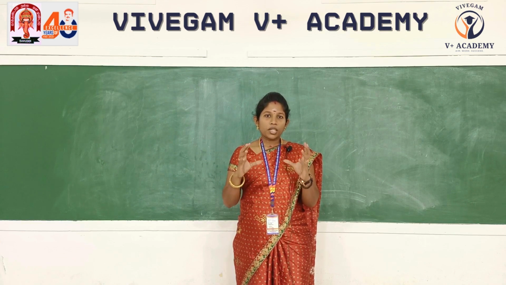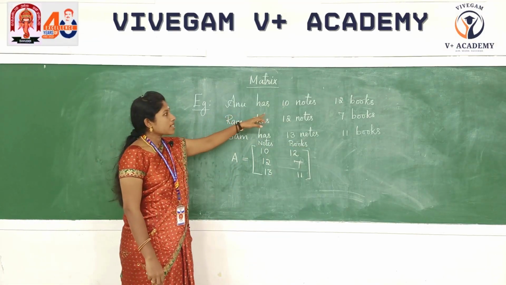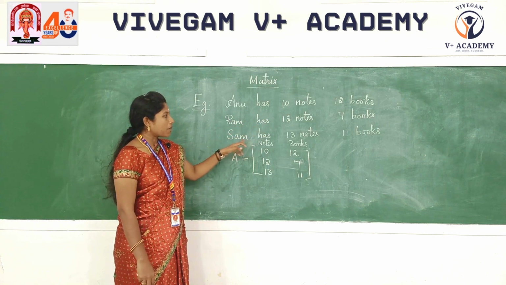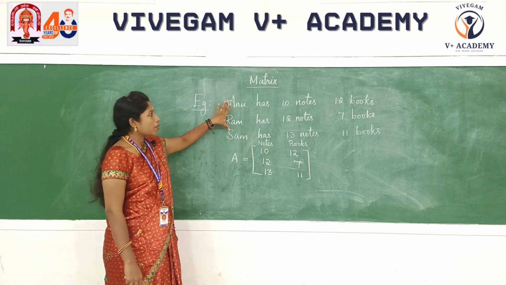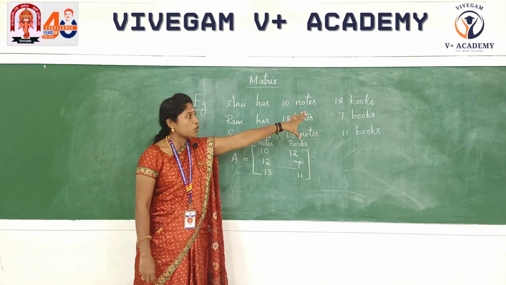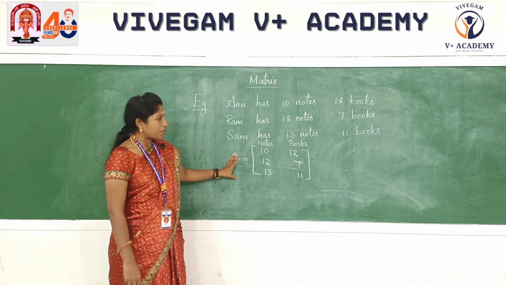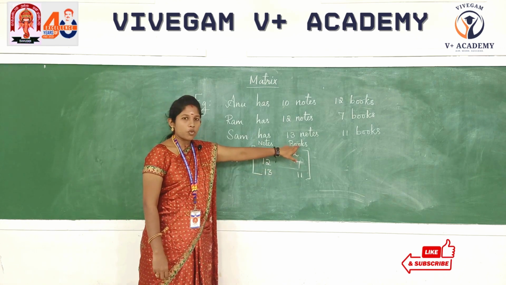First, how to label the matrix? Now consider this example. Anu has 10 notes, 12 books, Ram has 12 notes, 7 books, Sam has 13 notes, 11 books. So this is one data we are having. The persons are having the number of notes and number of books. And to represent it through the matrix, the first column is notes and the second column is books.